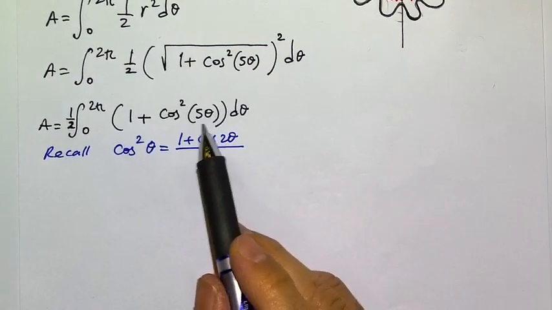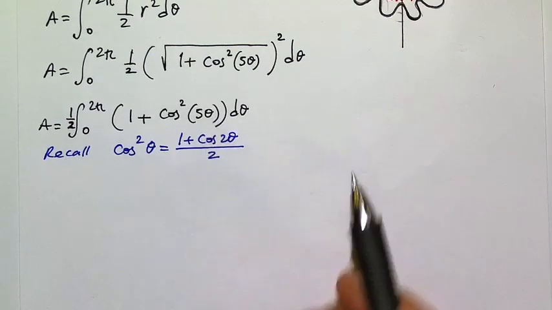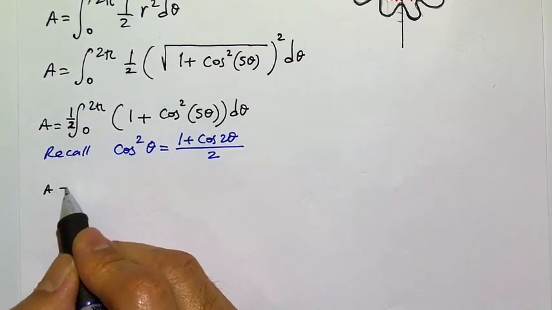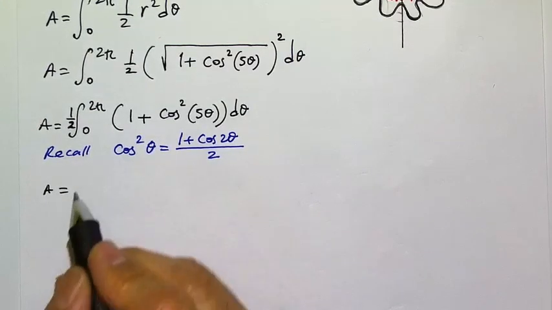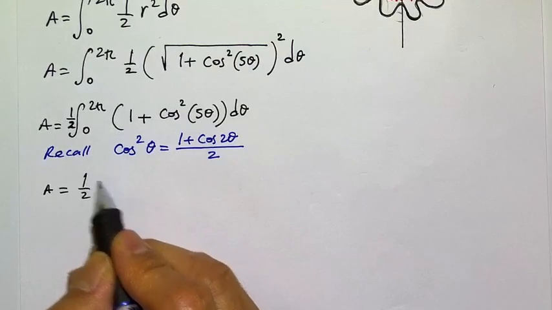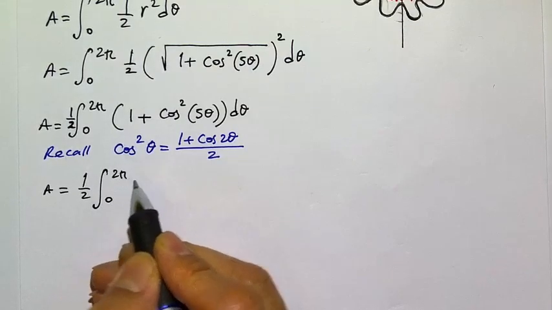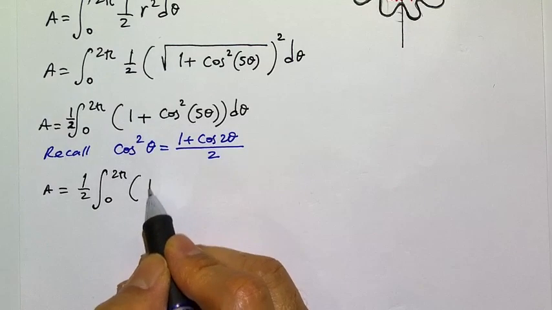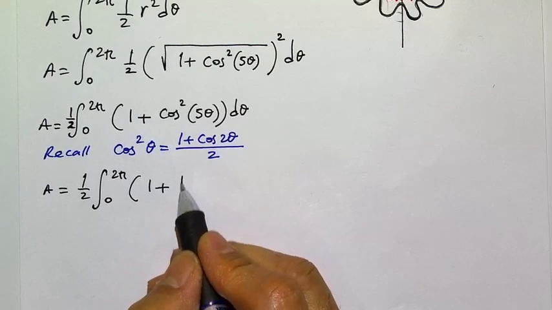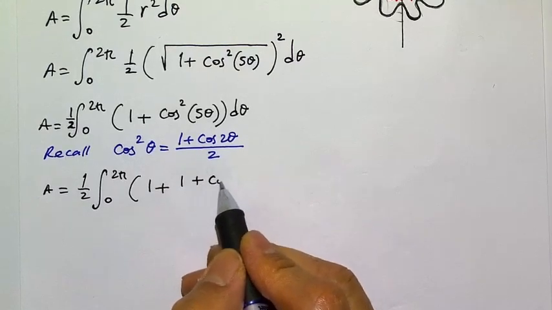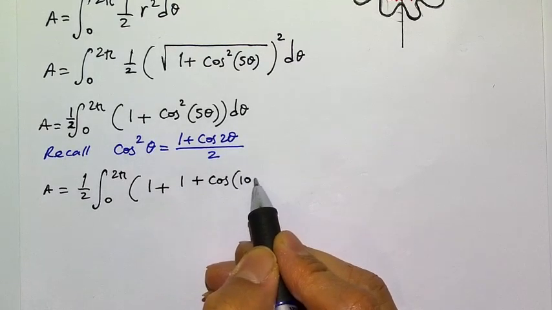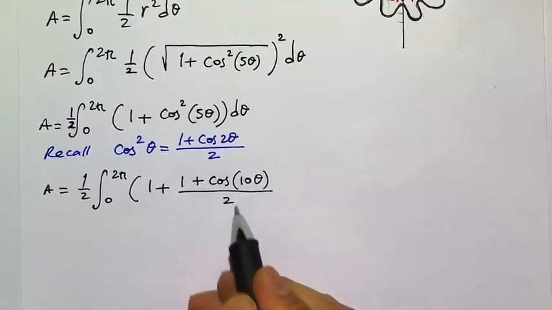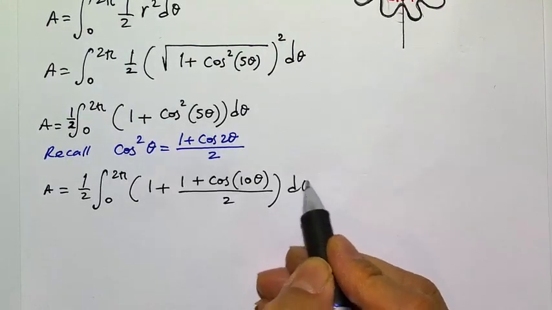So we have to adjust for this parameter that we have. Okay, so we have A equals 1/2 integral from 0 to 2 pi, and we have 1 plus cosine of 10 theta divided by 2 d theta.